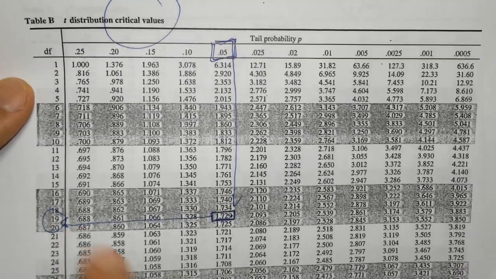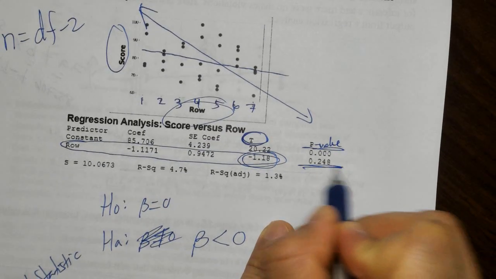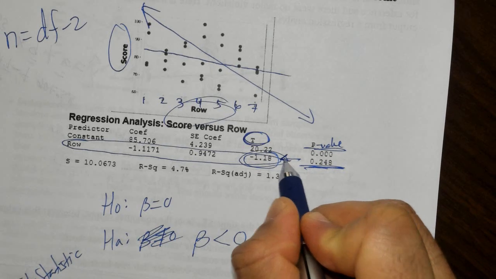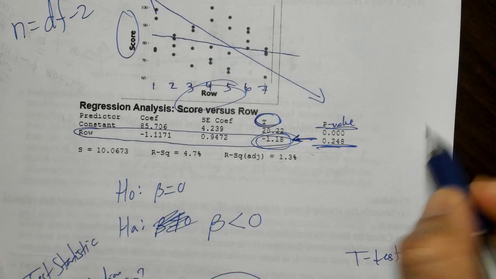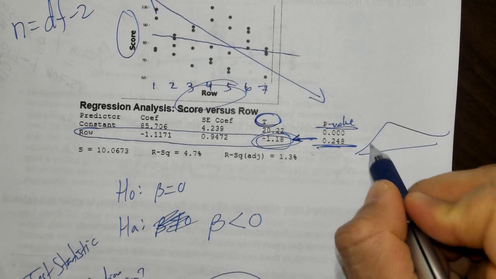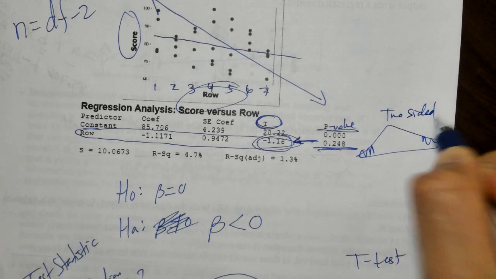So what we do is we are given the p-value though. We're given the p-value of this statistic. Now this is a two-sided probability.